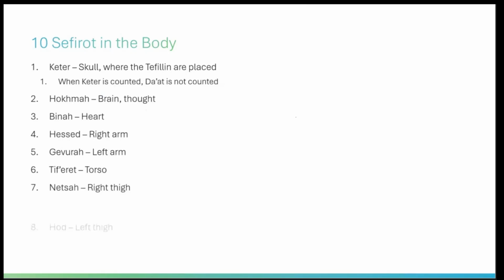Netzach is the right thigh. Hod is the left thigh. Yesod is a sign of the Holy Covenant, the Brit. It says it's the end of the torso. And then Malchut, it says, is the mouth. It relates to the Torah Shebe'al Peh, the oral Torah. That's how it's described in that passage in the Zohar.